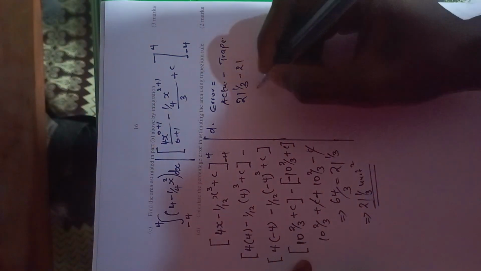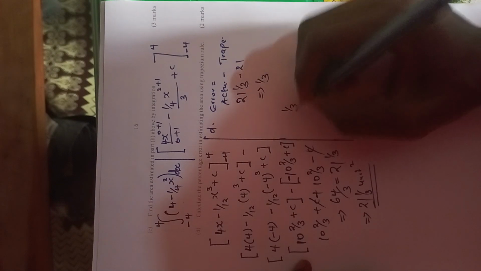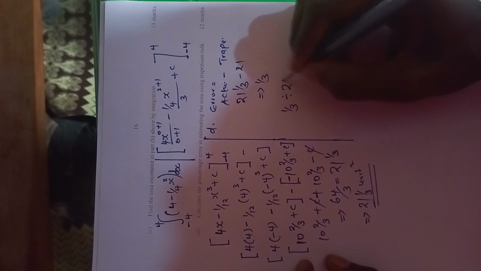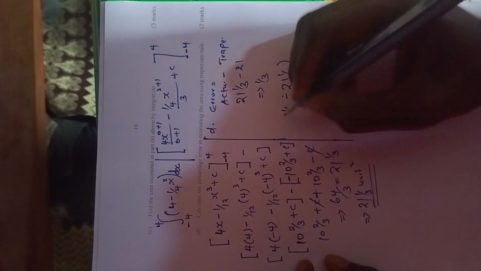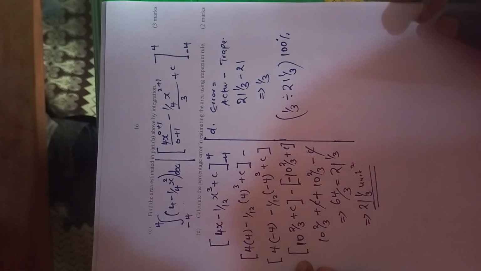So if we subtract, we are going to end up with an error of a third. So it is a third, the error, divided by the actual area. And the actual area here is 21 and a third. And then we multiply this by 100%.